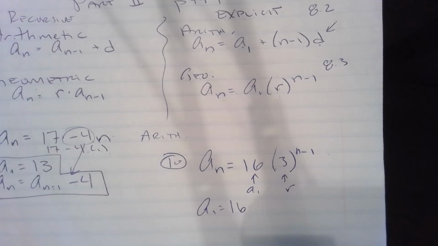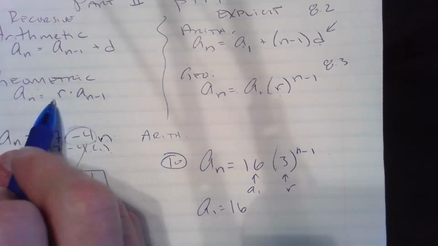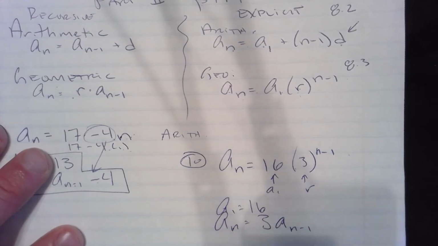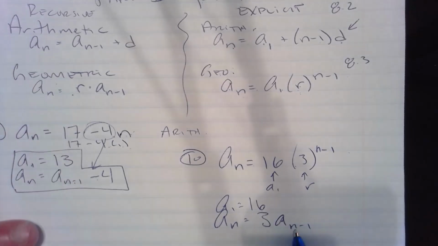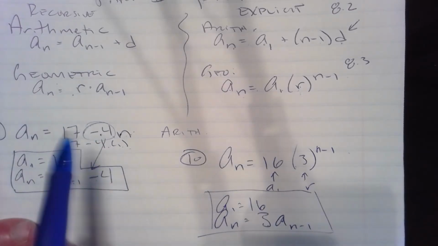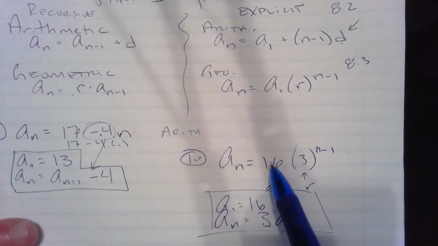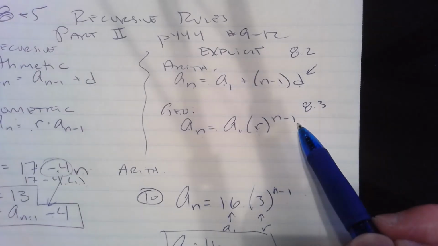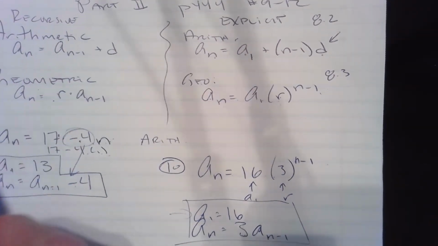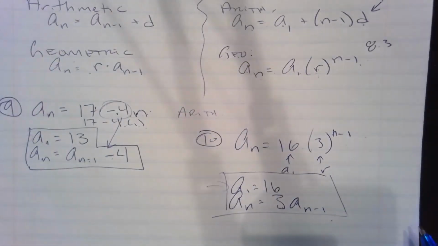The first term is 16, and for a geometric recursive rule, the next term is the common ratio times the previous term. So the next term is going to be 3 times 16. Once you can identify which parts you're using from the explicit rule, which is what we learned in 8.2 or 8.3, then you can just plug it in where you need to. Don't forget, you always need to start with your first term.